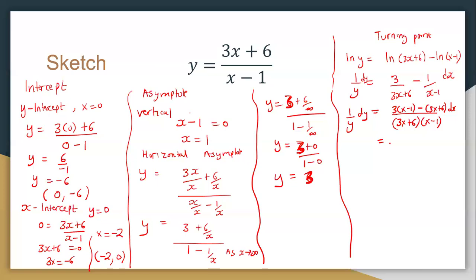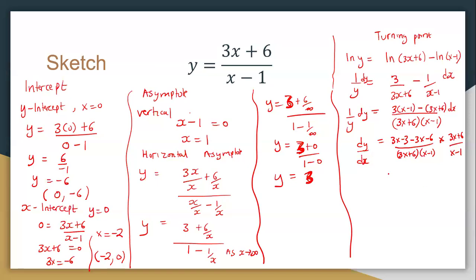So we make dy/dx the subject. We open the brackets to have 3x minus 3 minus 3x minus 6 over 3x plus 6 multiplying by x minus 1, then also multiplied by y, which is 3x plus 6 over x minus 1.